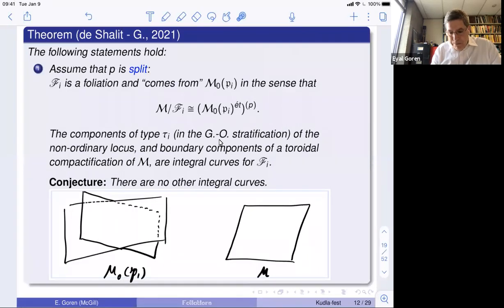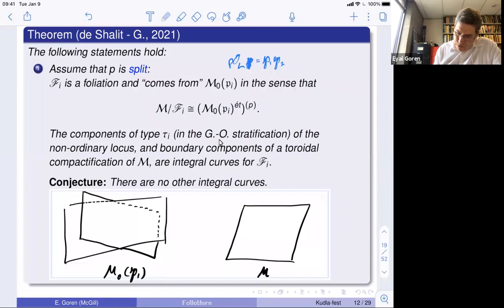Now, because p splits, pOL is a product of two primes in the totally real field, p1 times p2. Sorry, that should be pOL. It factors into a product of two primes. And there are two level p Shimura varieties, one associated to each of those primes. And the picture is like that.